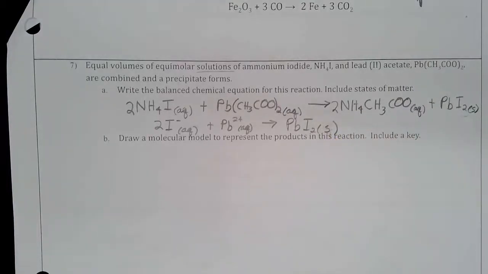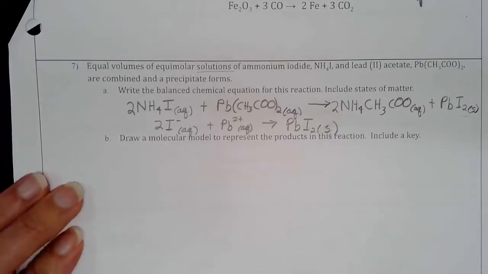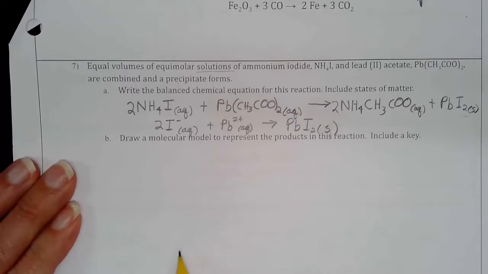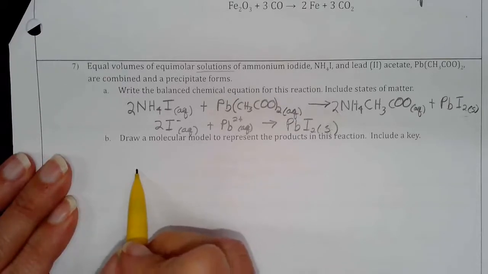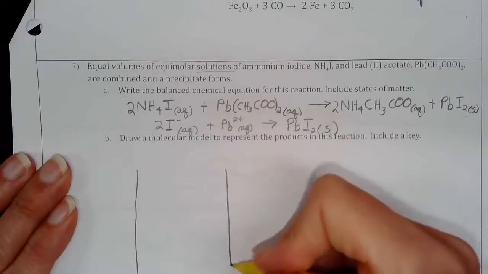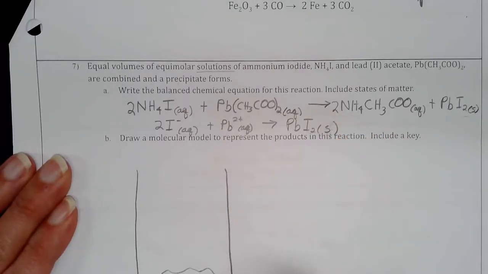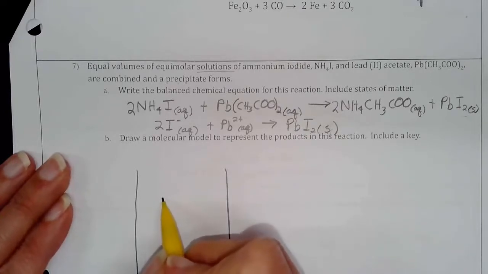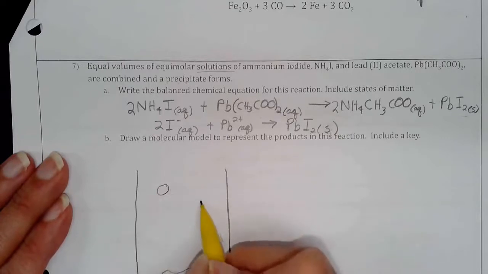Okay. Draw a molecular model to represent the products in this reaction. Include a key. So we have our beaker, and at the bottom of our beaker we have some lead 2 iodide. And in our solution we're going to have some ammonium ions.